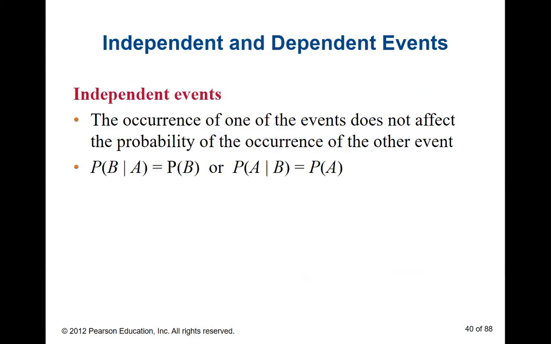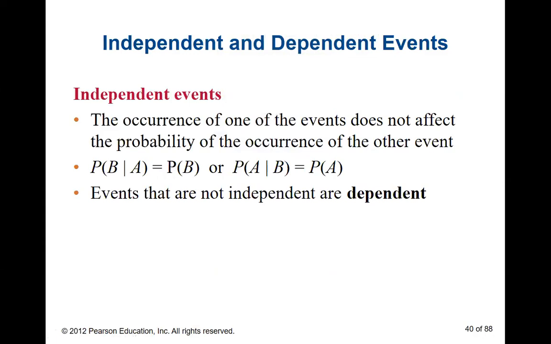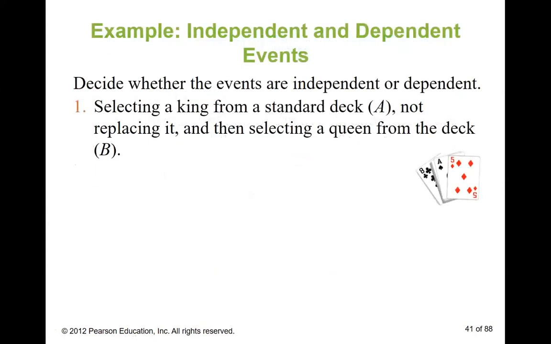And what this is saying is if you have the probability of event B occurring, given that A has occurred, does that make any difference in what B is? No. If they're independent, then you're going to end up with it being the same no matter whether A occurred or not. Now, when they're dependent, that changes what the probability is on the second event.